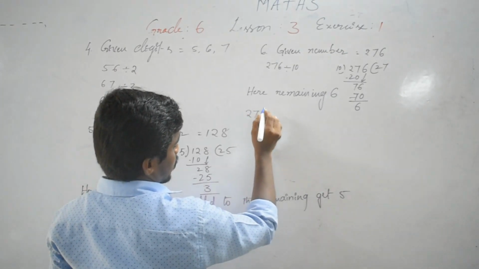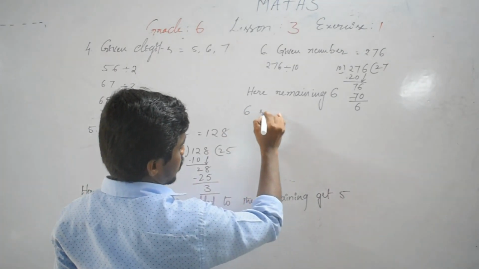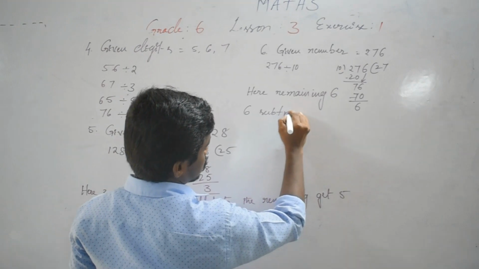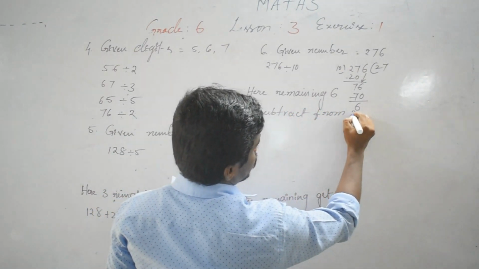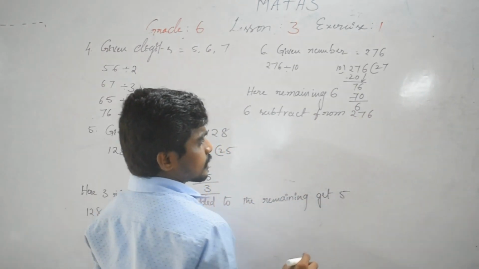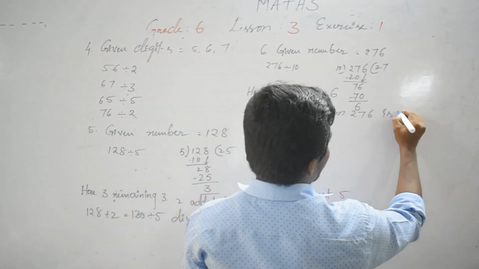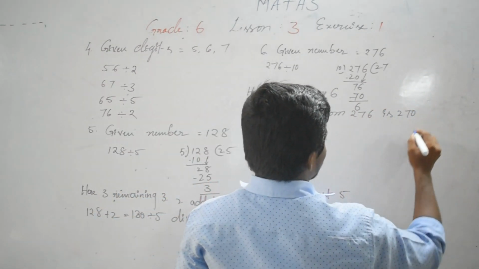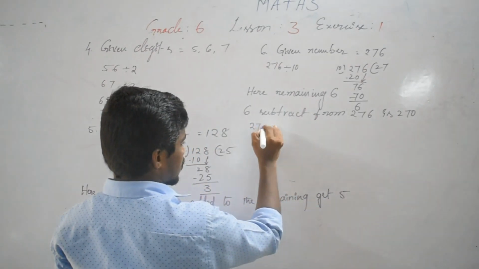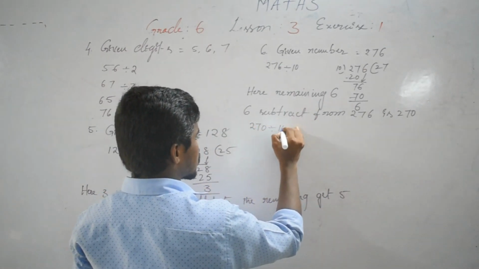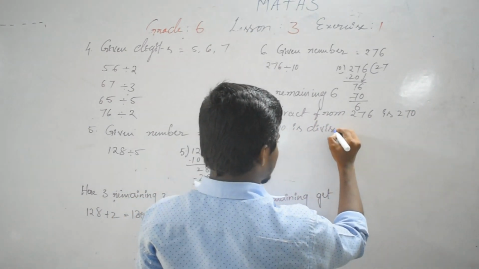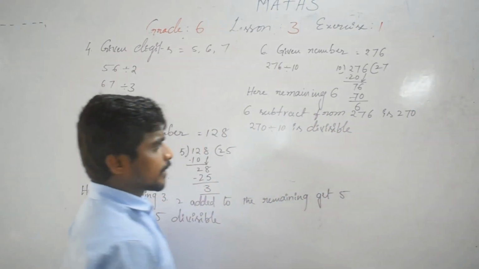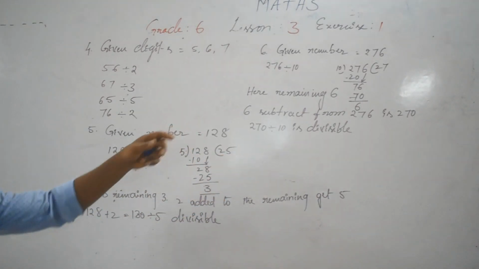So subtract 6 from 276 and we get 270. 270 divided by 10 is divisible. So how many do we subtract from 276? 6.